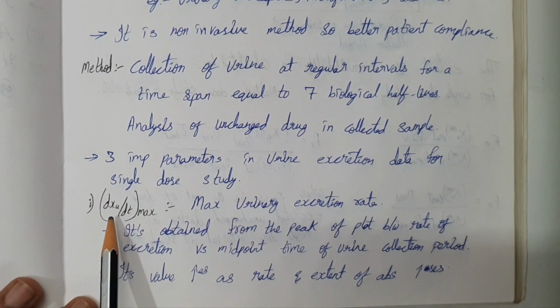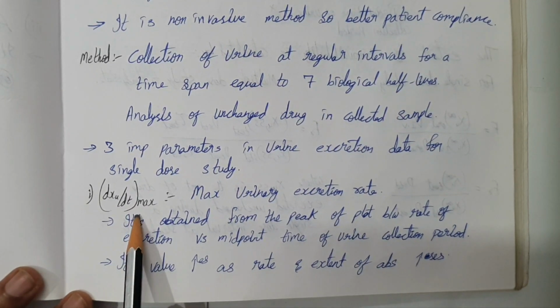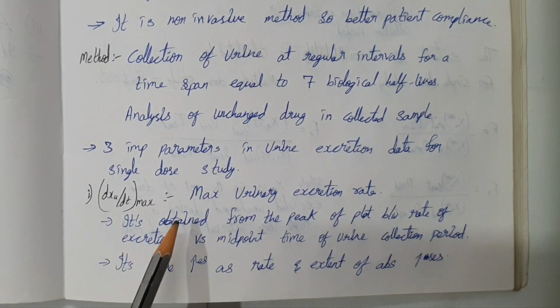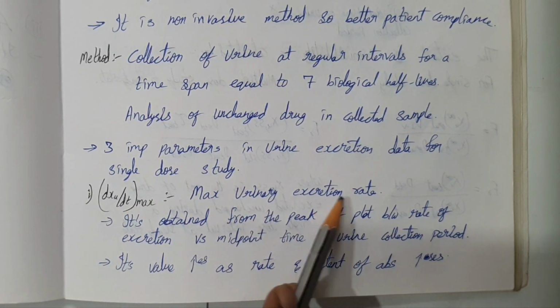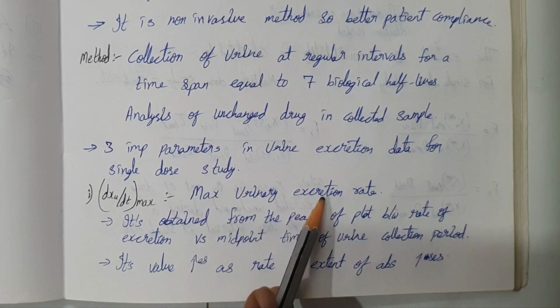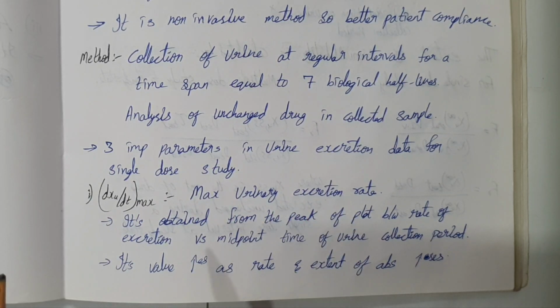First one is dXu/dt max, the maximum urinary excretion rate. It means the maximum urinary excretion rate. We get this from the peak of the excretion rate versus time plot.